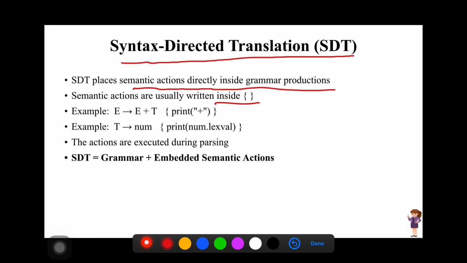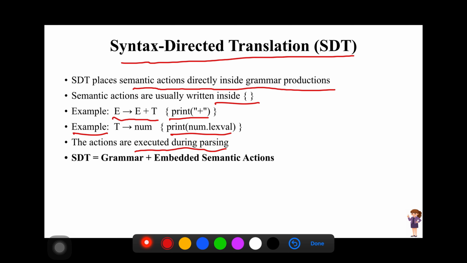For example, E produces E plus T, open curly brace, print plus, close curly brace. The action print plus is executed at the particular point during parsing. Similarly, T produces num, print num.lexval, which can print the value of the number.